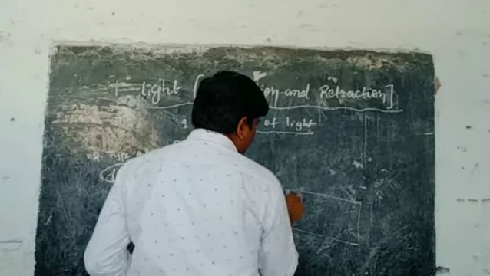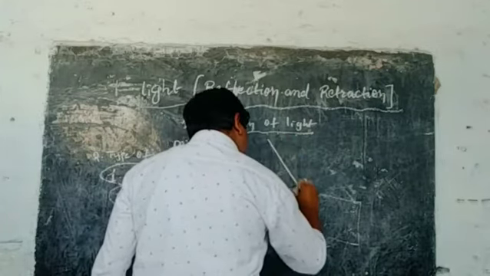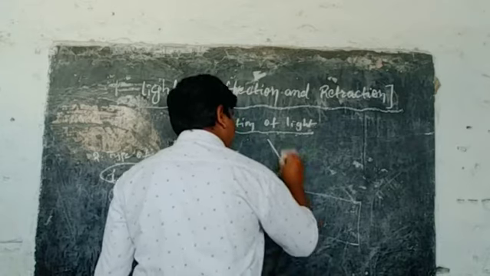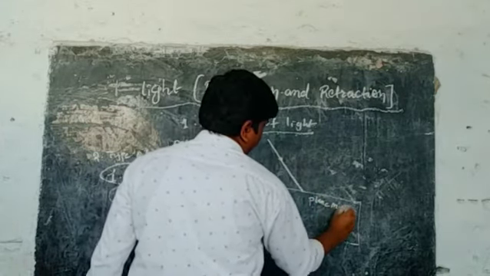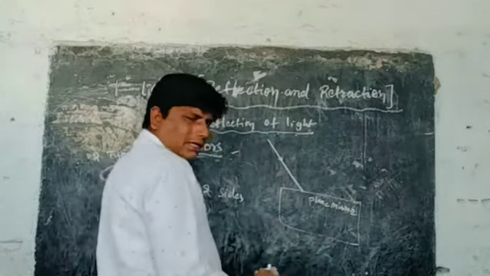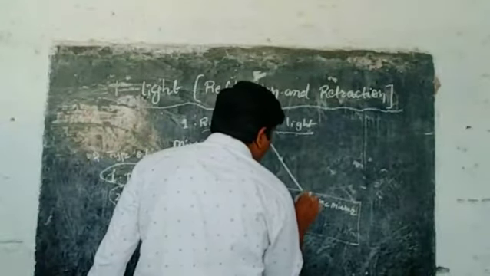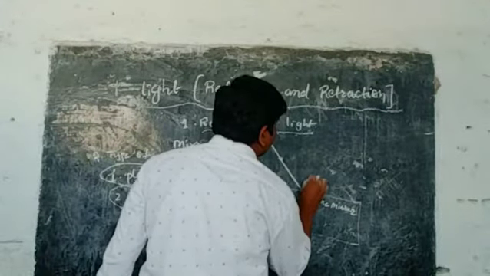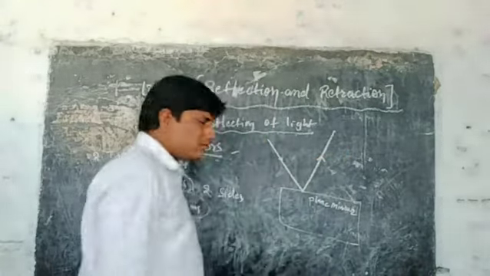From any source, a single light ray is emitted and falls on the plane mirror. As it is opaque, the light doesn't pass to the other side and bounces back into the same medium.